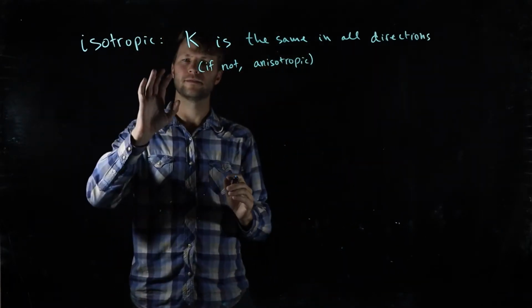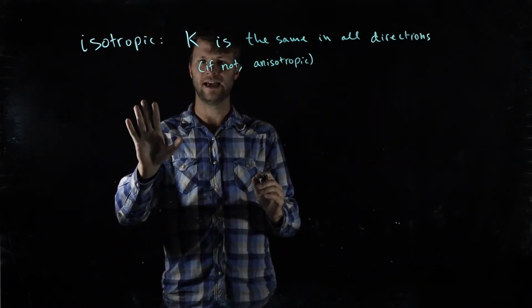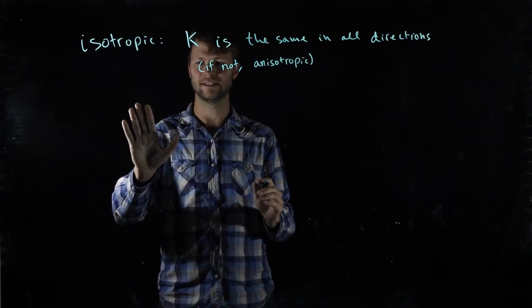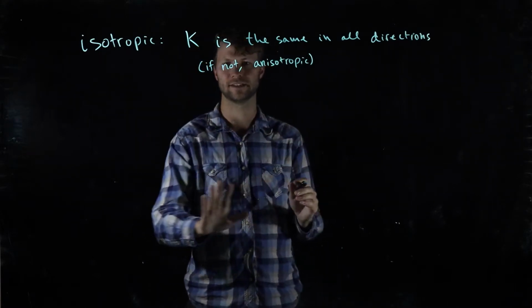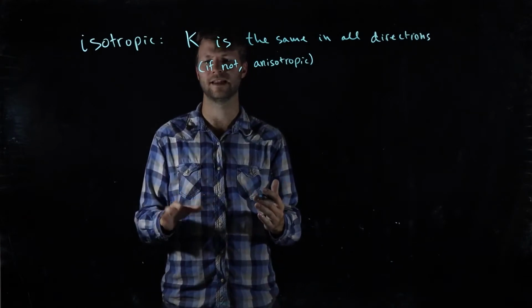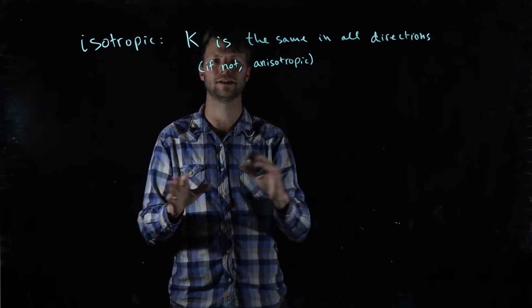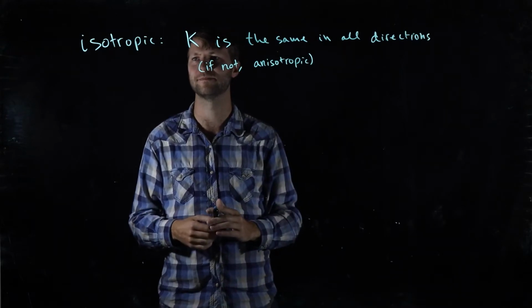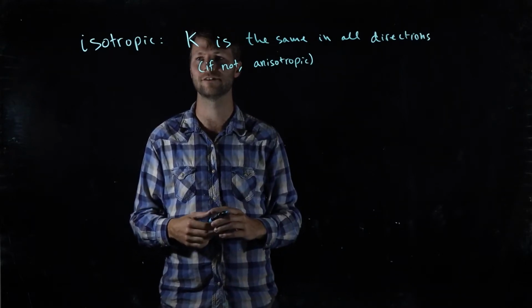If hydraulic conductivity has the same characteristics as you move around in space, it's considered a homogeneous aquifer. And if it varies in space, if it gets bigger and smaller as you shift laterally in space, it's considered a heterogeneous aquifer.